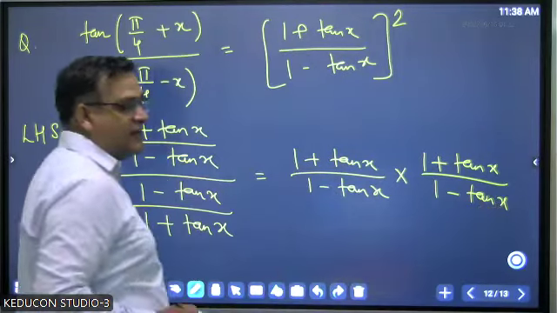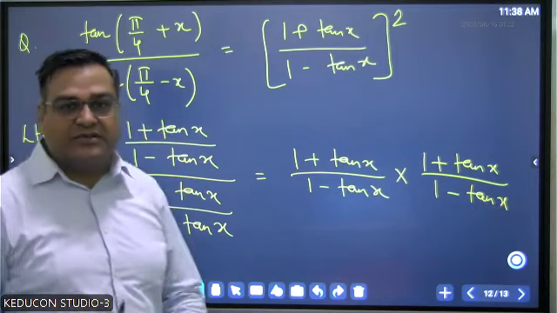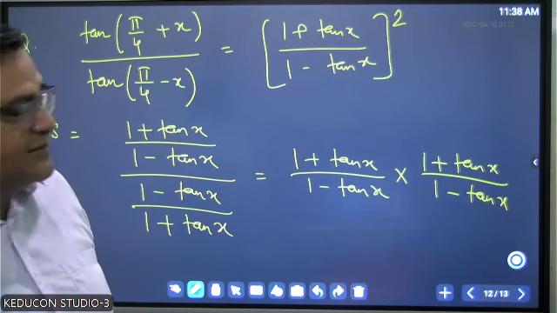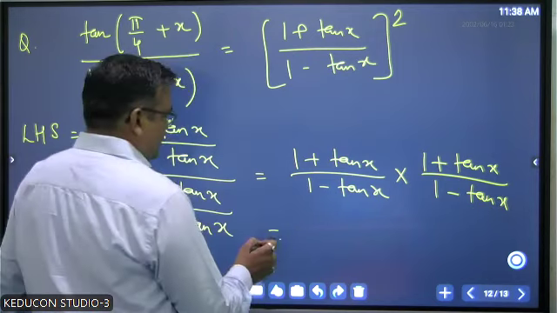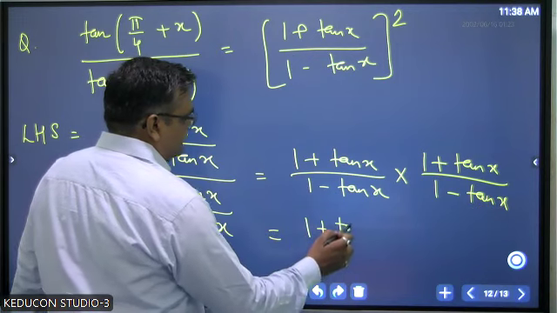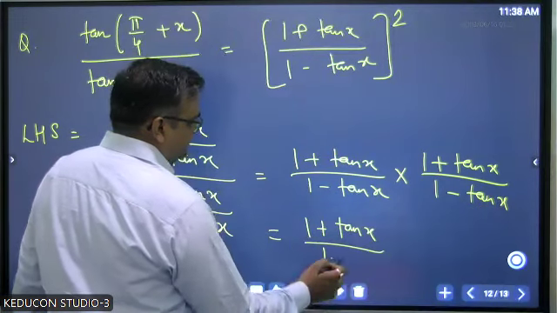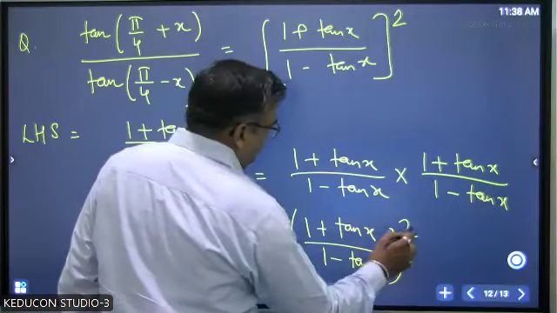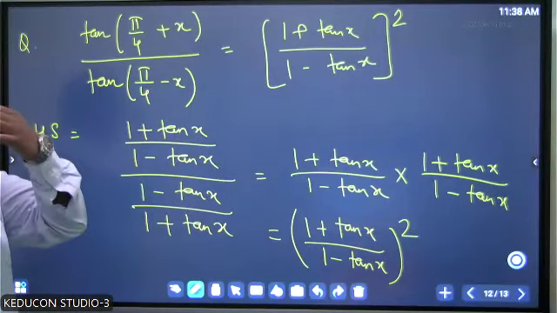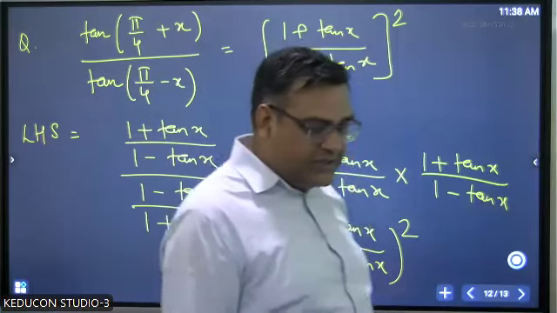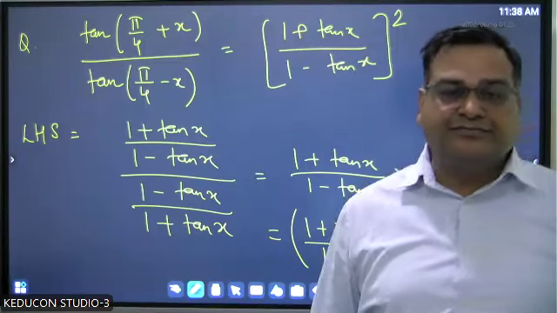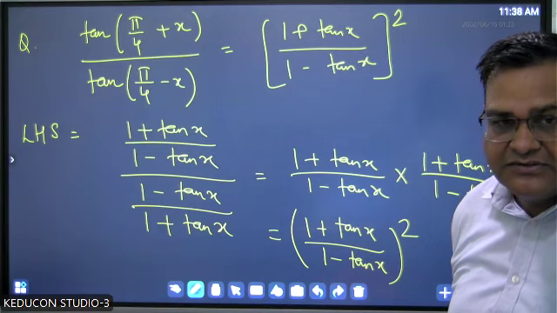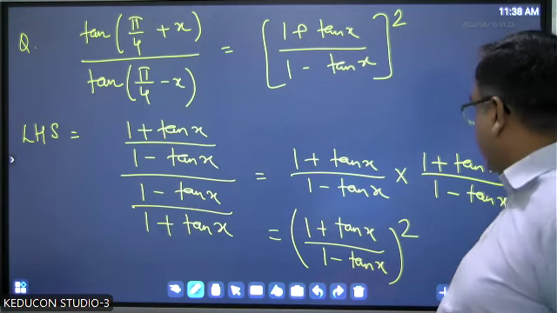And what answer did you get? 1 plus tan x whole square upon 1 minus tan x whole square. This will be the final answer. Right? Anything not clear? Everything is clear? Right. So we move on to the next question.